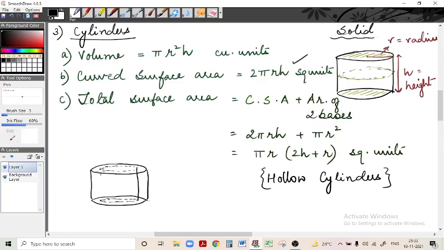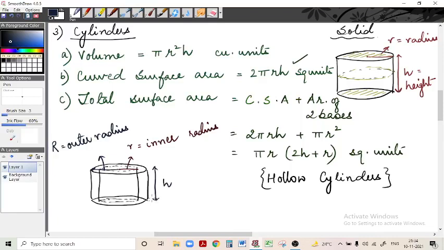This outermost part is capital R. It is again a radius, but it is the outer radius. But the height for the cylinder, whether empty, non-empty or solid, will always remain the same, h. There is no change.